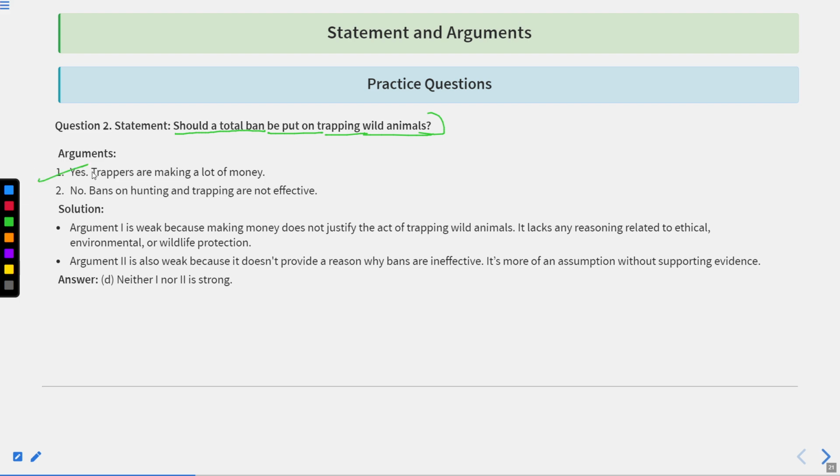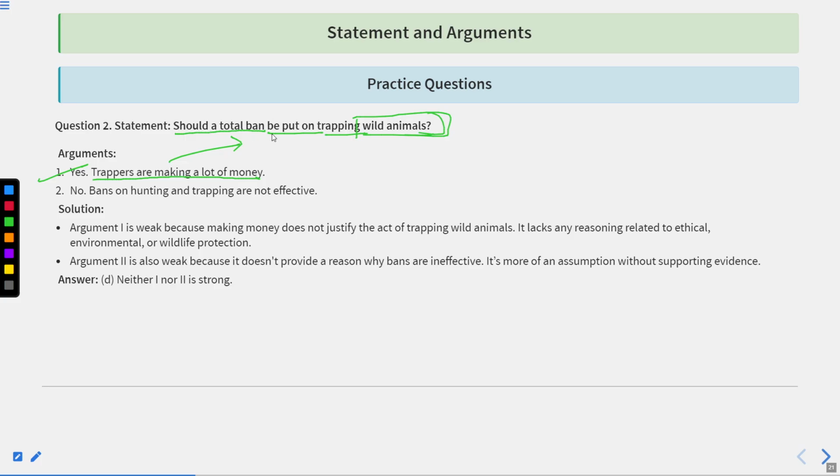It is saying trappers are making a lot of money. So just because they are making a lot of money, trapping wild animals should be banned. But first understand the question, our approach is to first understand the question.